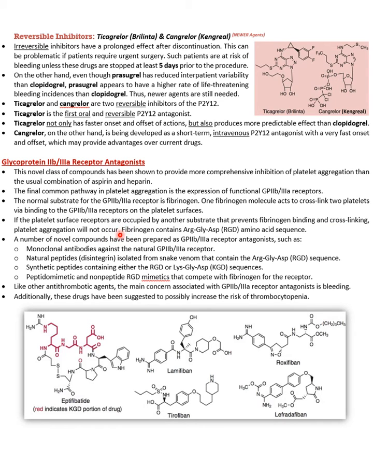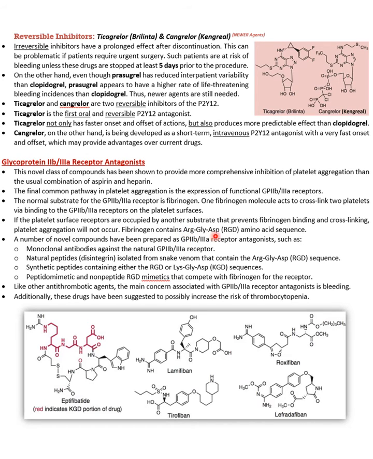Okay, so then you should consider that those drugs that would fill this receptor should have some similarity to the fibrinogen. Indeed, the part of the fibrinogen that binds to this receptor has an amino acid sequence called arginine, glycine, aspartate, and for short, each amino acid is given one letter.